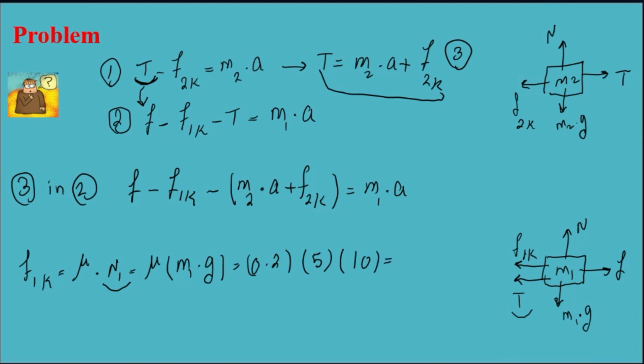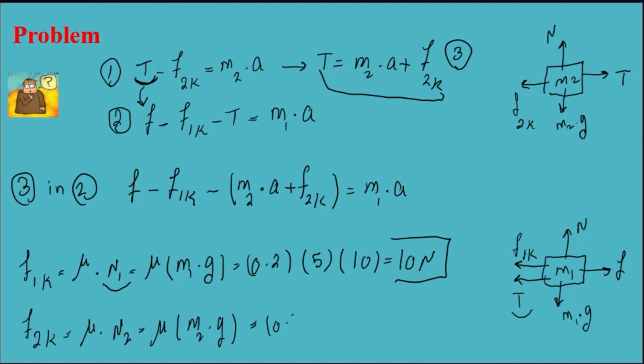So my F1K is going to be 10 newtons. Now let's calculate F2K. My F2K is going to be mu times N2. So it's going to be mu times M2 times G. And that's going to be equal to 0.2 times 3 times 10. So that's going to be equal to 6 newtons.